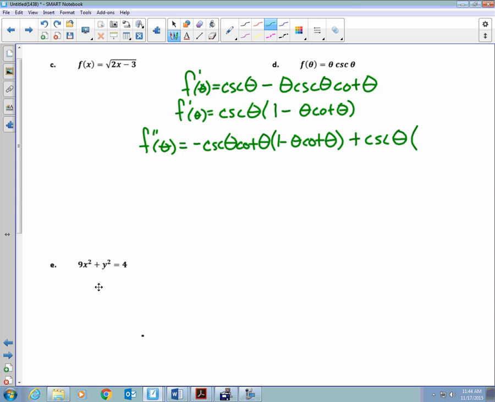All right, what's the derivative of 1? 0. So now I need to do the product rule. What's the derivative of negative theta? Negative 1. So negative cotangent of theta, plus negative theta times, what's the derivative of cotangent?